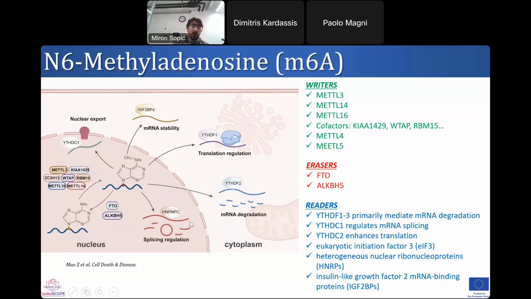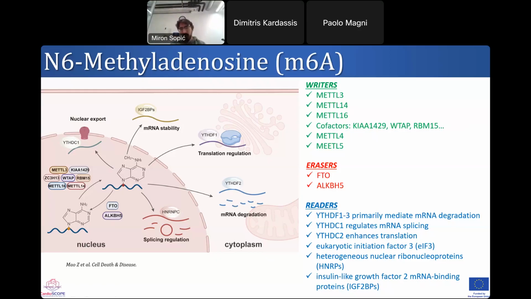So for some proteins, if the site is heavily modified, then it will increase the level of translation, and eventually you will get more protein. So basically, they regulate the dynamics behind the mRNA world. It's a really, really exciting field.